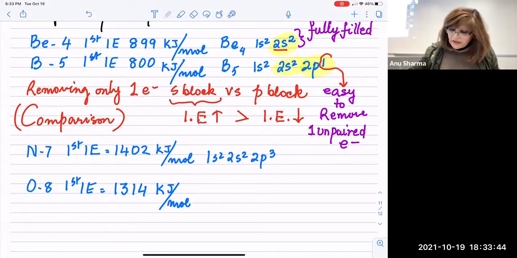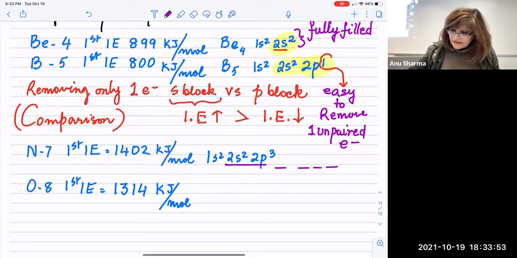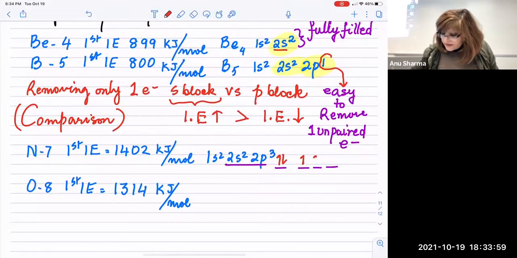Again, the answer lies in the 1s2, 2s2, and 2p3. Look at nitrogen: this is the 2s2, and the 2p3 is here, 1, 2, 3. What do you see here?